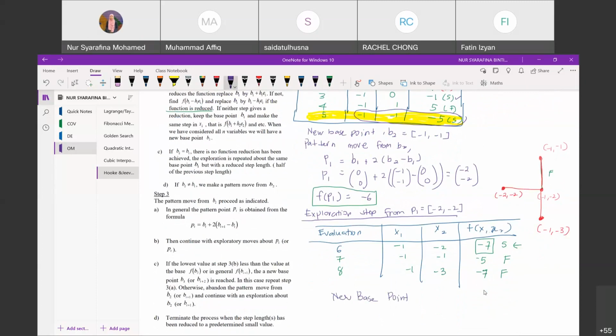Our new base point is B3, which equals to -1, -2, where FB3 equals to -7.